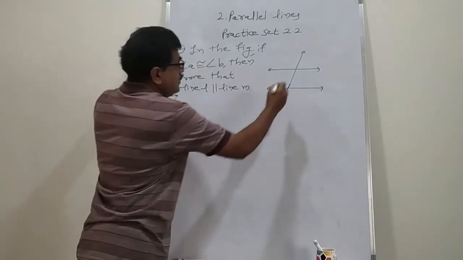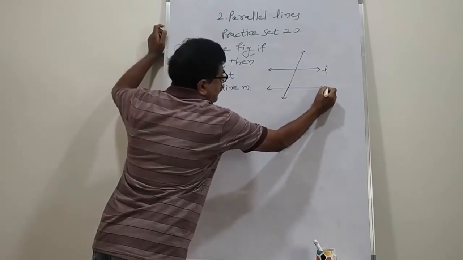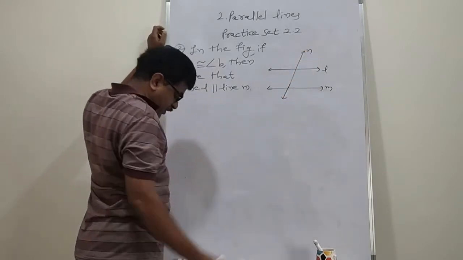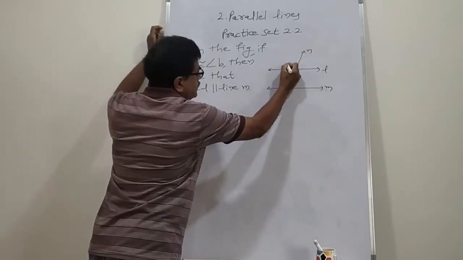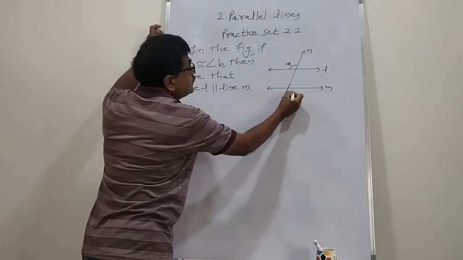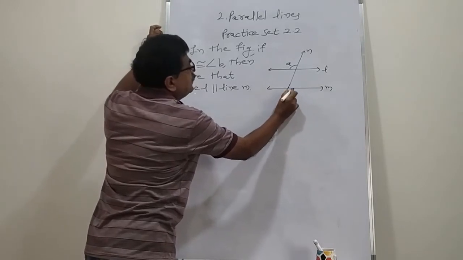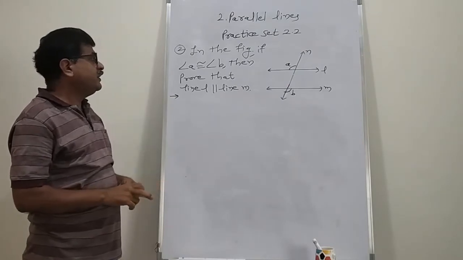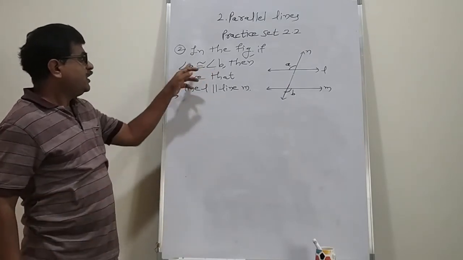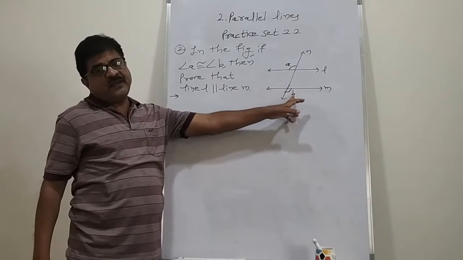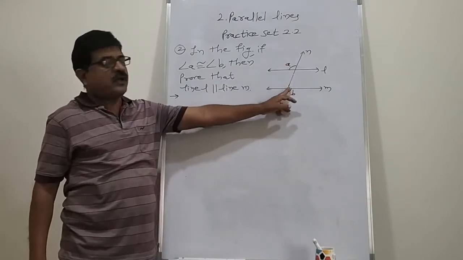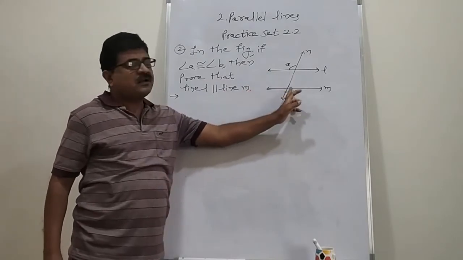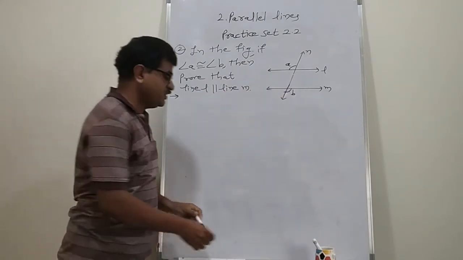The lines are L, M, and this line is N. We have given this angle is A and this angle is B. Now let us see here in the figure, if angle A congruent to angle B, we have given these two angles are congruent, then prove that line L parallel to line M. We have to prove this.